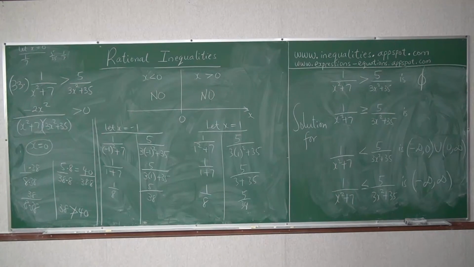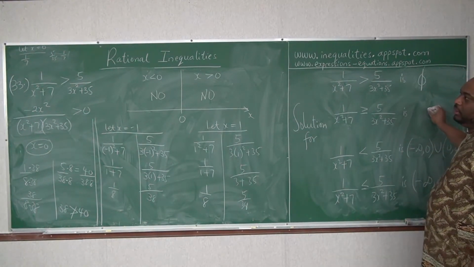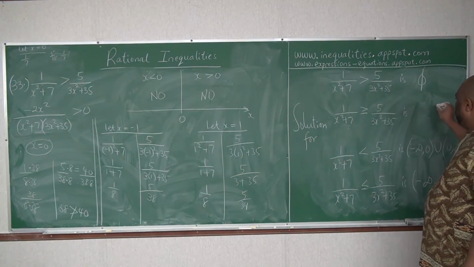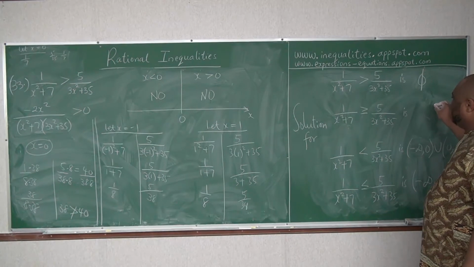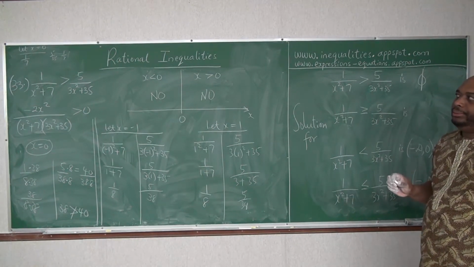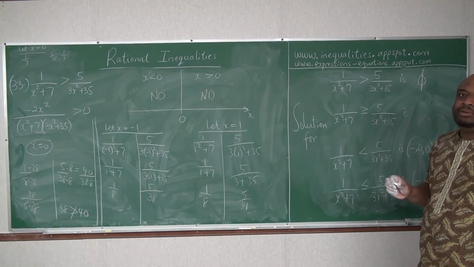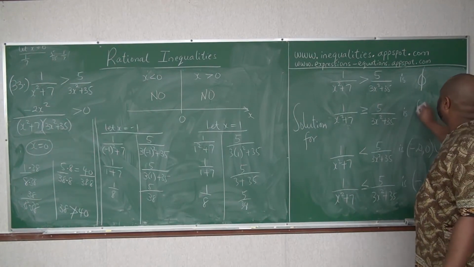And then for greater than or equal to, it will still be only 0. Only 0. So what are we going to write this? We're going to write it like this. Only 0.